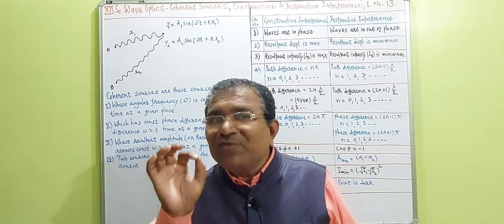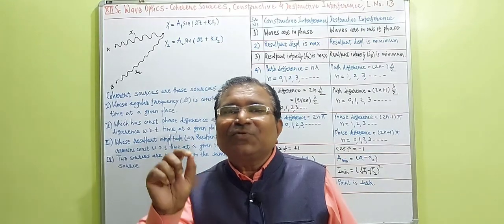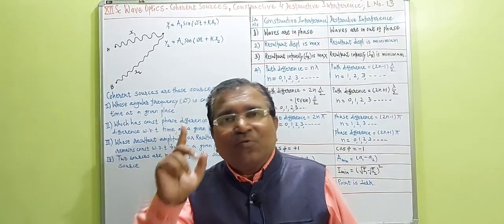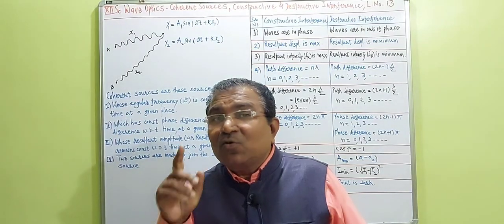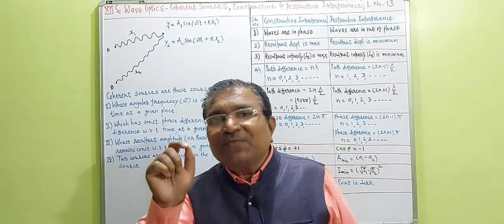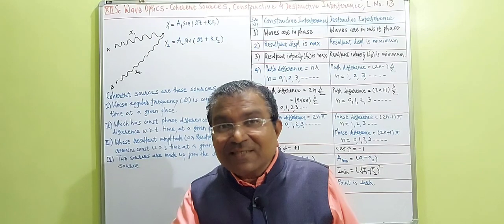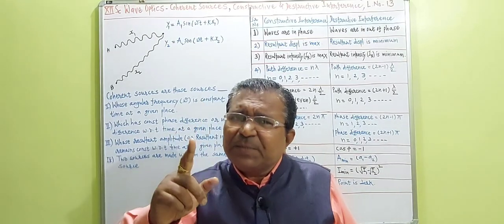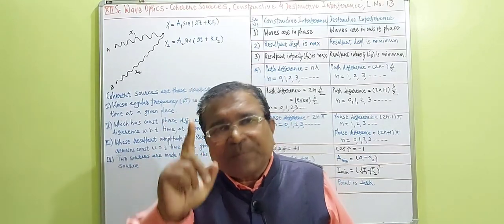Omega means angular frequency, because the formula of omega is 2πf. Omega is angular frequency, and so coherent sources are those in which angular frequency remains constant with respect to time at a given place.